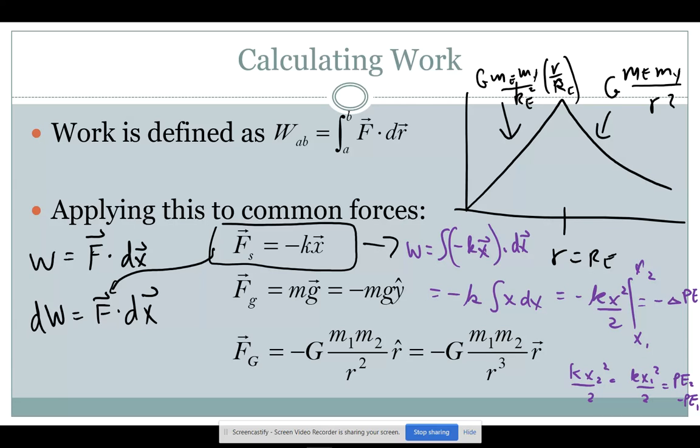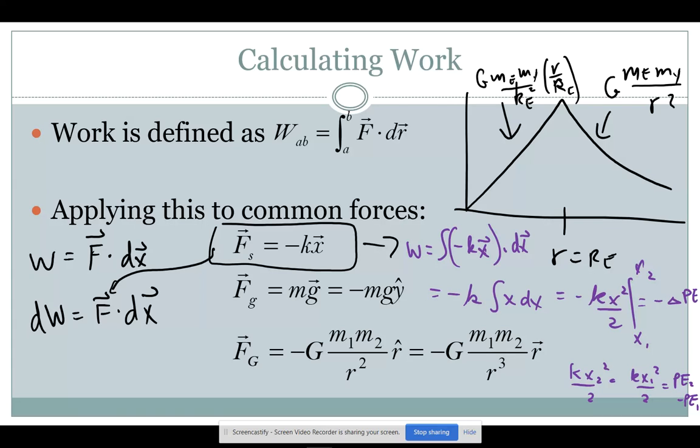Just the y component. So if I want to be all technical-like, I could put the work from gravity is integral force of gravity dot dr vector, where dr is not saying x or y direction, it's saying whatever direction I move. But the only part that's going to be parallel to the force of gravity is the vertical. And so we end up with minus mg dy.